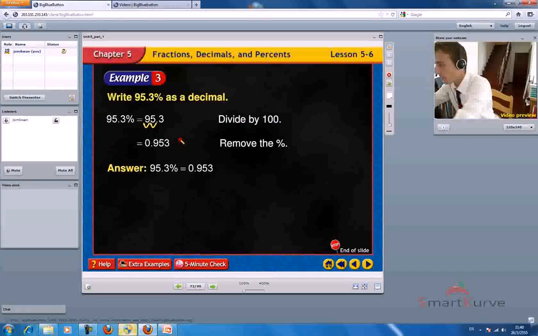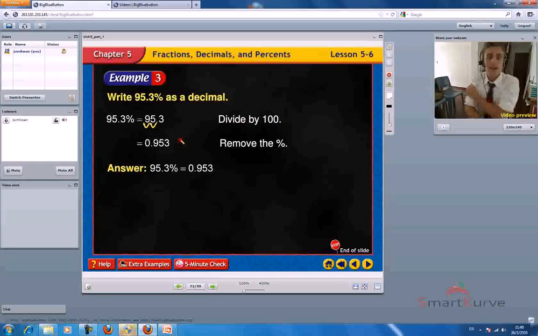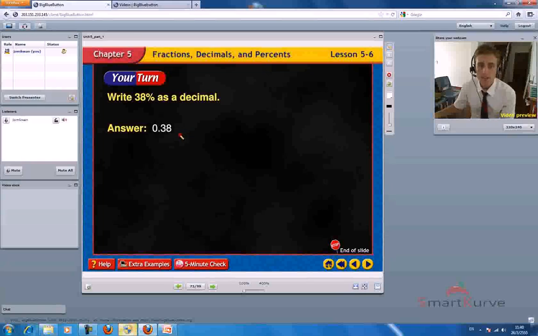Write 83.2% as a decimal. You can either multiply both by 10, giving you 832 out of 1,000, and then do 0.832, or just remember, when you're dividing by 100, the decimal point moves to the beginning of the number, 0.832.